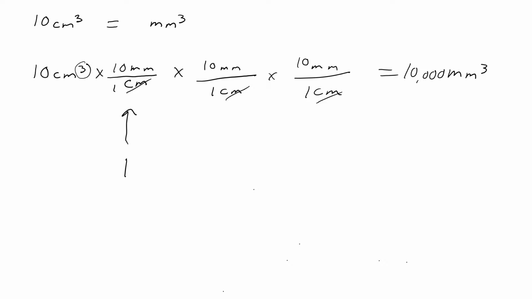Which is kind of neat because what I'll show you is that you can actually weigh water with a yardstick. Because this conversion allows you to go from a measurement, length, width, height, to a weight or mass in grams.